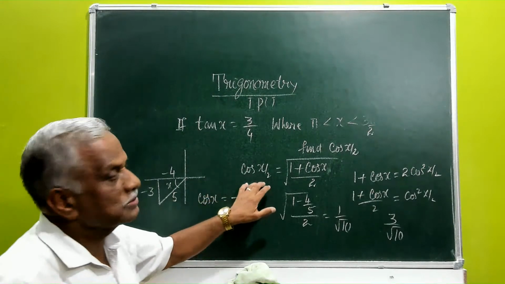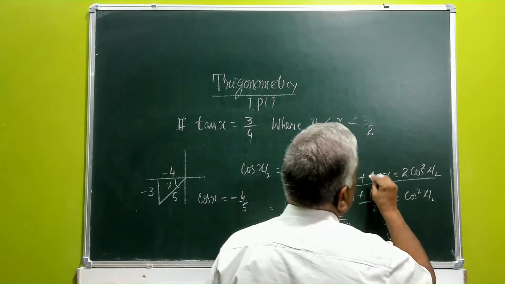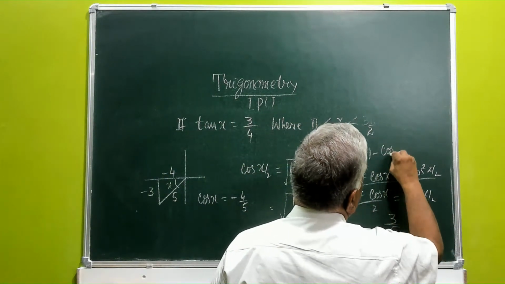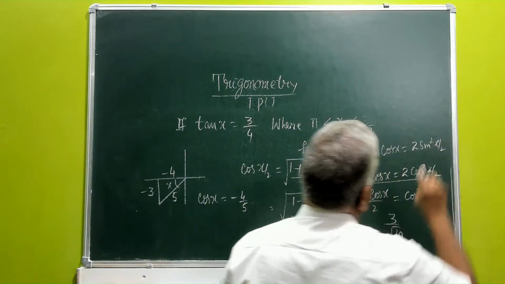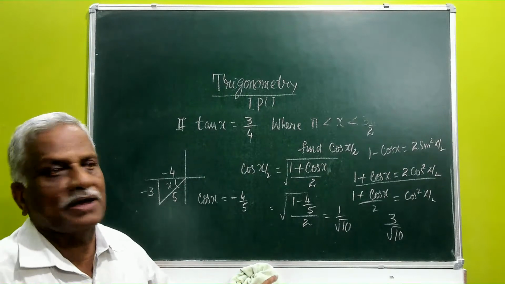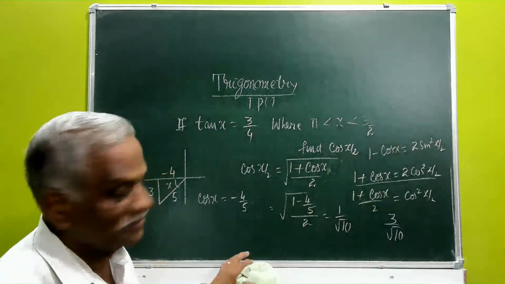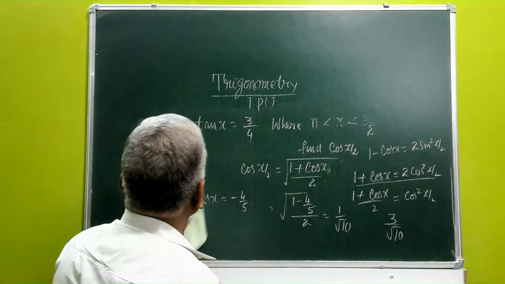So the best thing is to use this formula. What is the basis for that? 1 plus cos x is 2 cos square x by 2, or 1 minus cos x is 2 sin square x by 2. So next year, instead of asking you to find cos x by 2, they may ask sin x by 2 also.